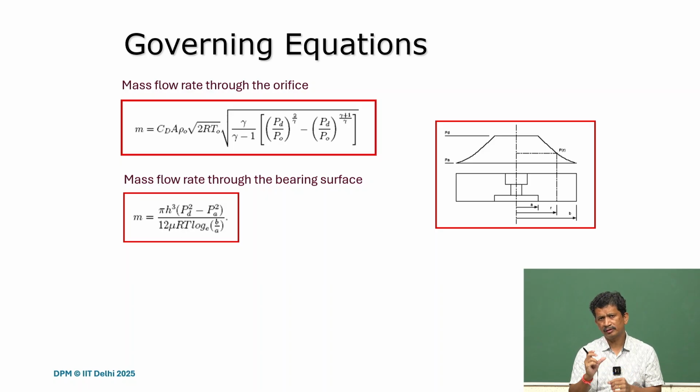And of course, this is a very basic element, but there are a lot of developments and a lot of designs can be proposed and made, and we can design these on the bearing surface itself, and we can get things lifted, and there will be no contact when things are moving.